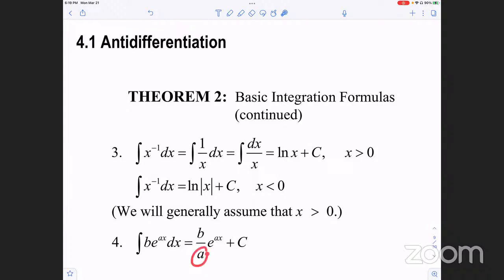If you don't divide by a, you'll catch it when you take the derivative, because you'll have an extra times a term. If you start with just e to the ax and take the derivative, you get an extra a. To get rid of that, you divide by a. Let's just keep trying and we'll see it.